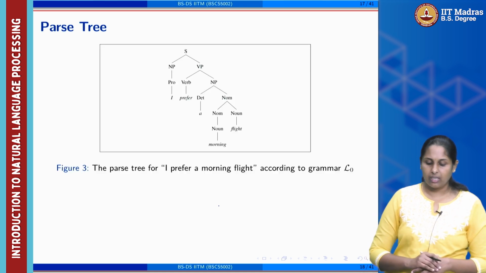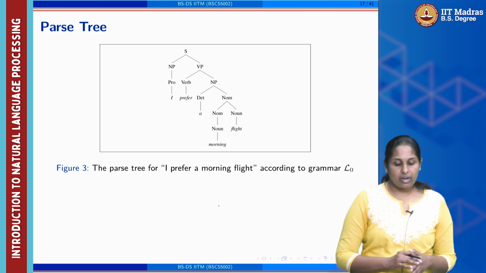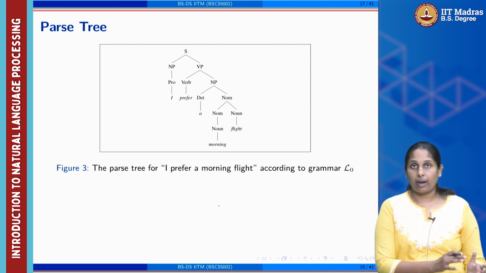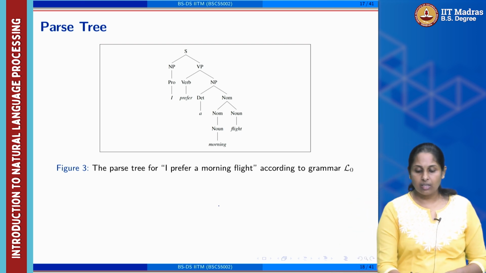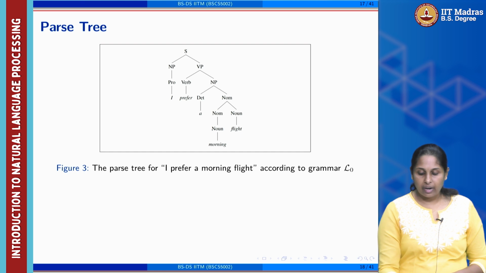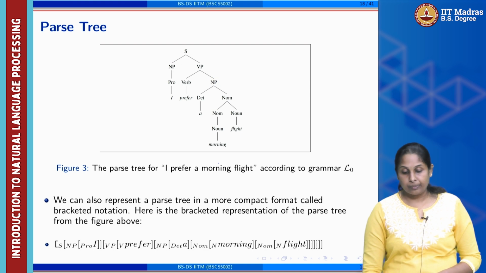Now the parse tree for 'I prefer a morning flight' according to the grammar L0 is as follows. There is an NP and a VP, and this VP has another V and NP, and that NP has a determiner and a nominal. So the output looks like this.